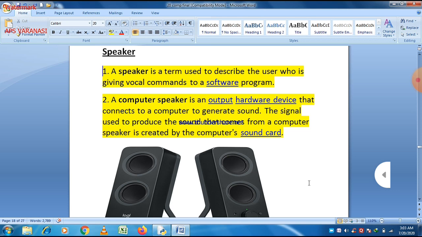Second important thing, compare each and every input device to each other, and compare each and every output device to each other, and see what is the difference among them, and what is the working of each and every output device. For example, a projector is totally different from a monitor.